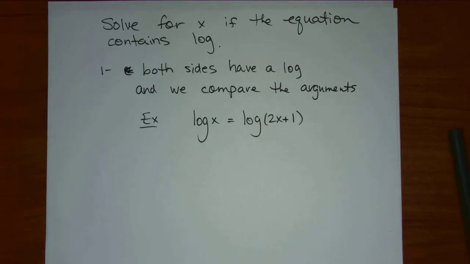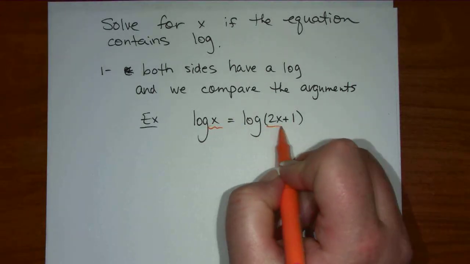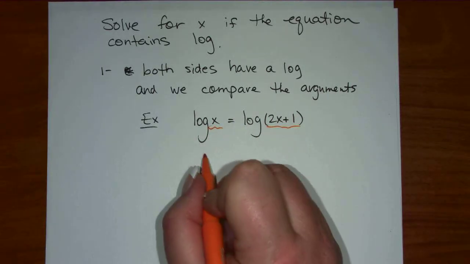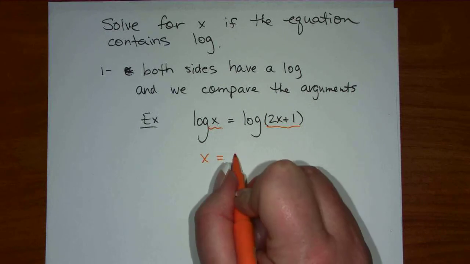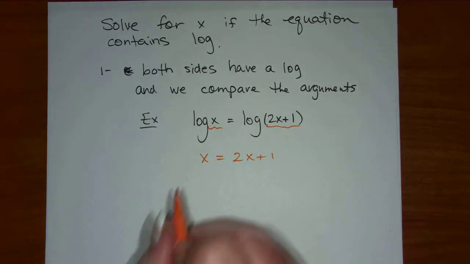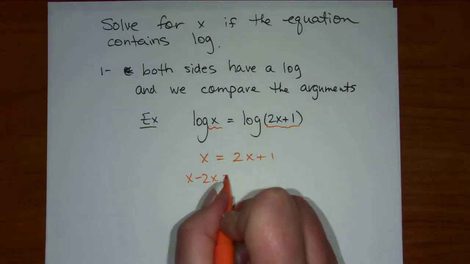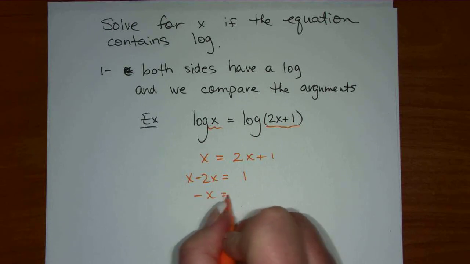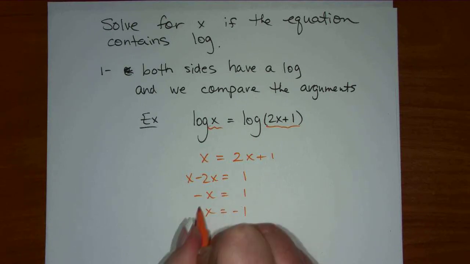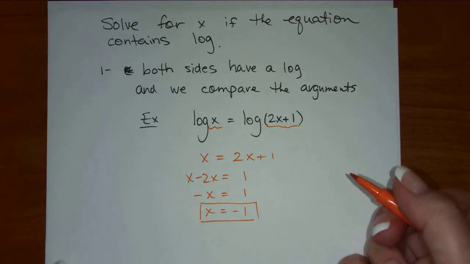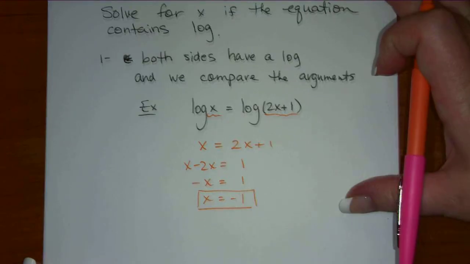We just need to make the arguments equal. And we solve that. Yeah, base 10. Which you don't even need if the log is the same on both sides.